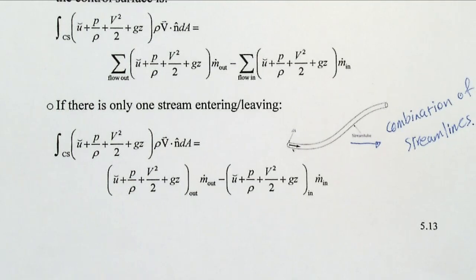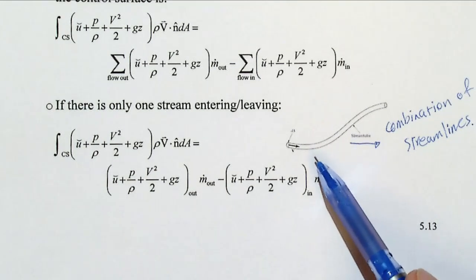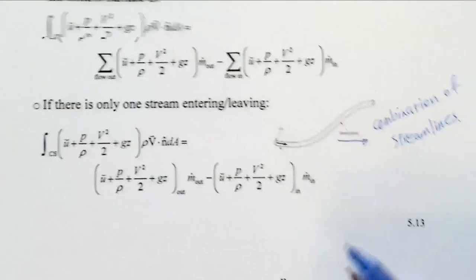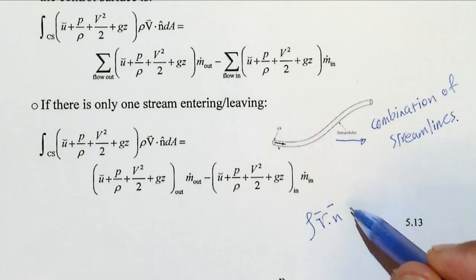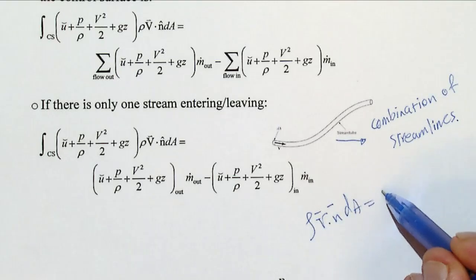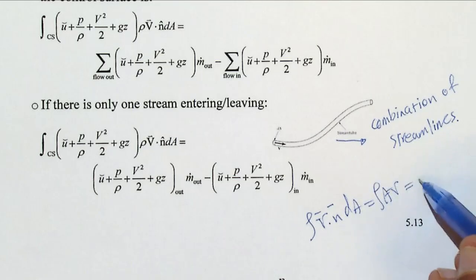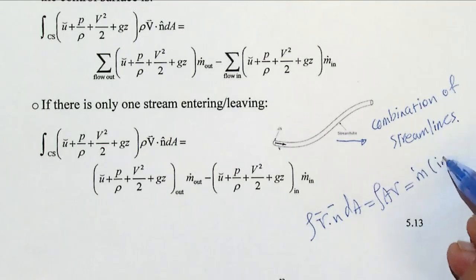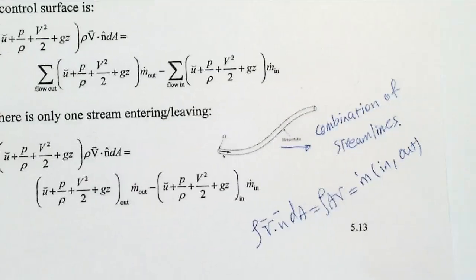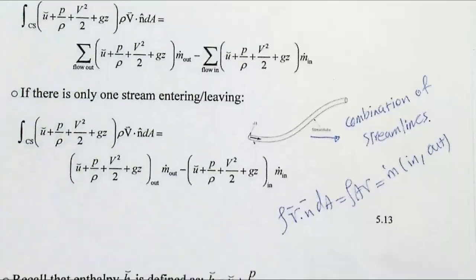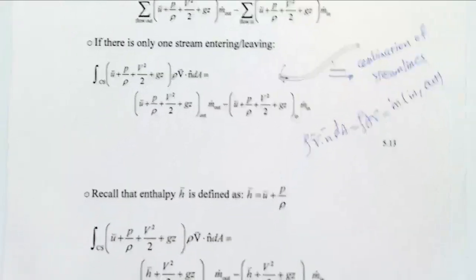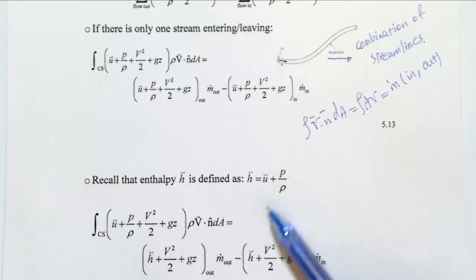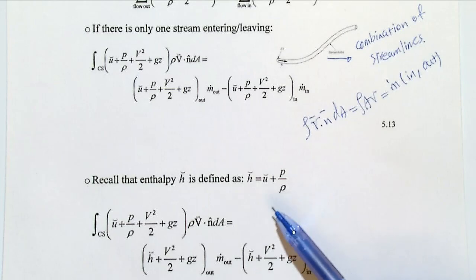Okay, so when you have a stream tube, again the rho V dot n dA term can be summarized and written as rho A V, and this is going to be your m dot. It could be for in or out. This is also another type, but here we have another thing that we can assume: that u bar plus p over rho, the pressure over the density, is going to be your enthalpy.